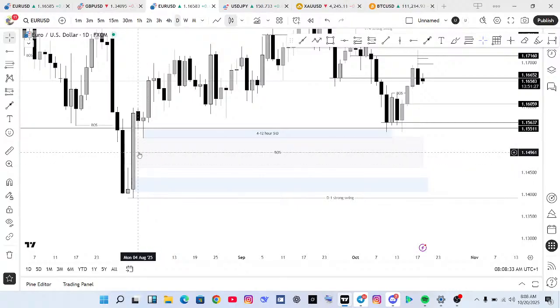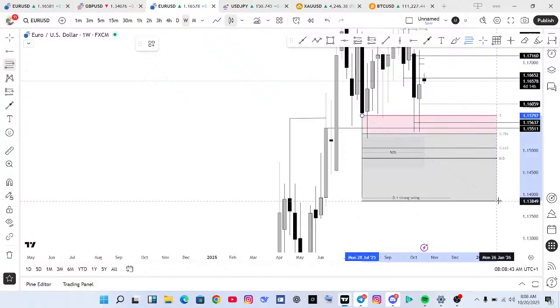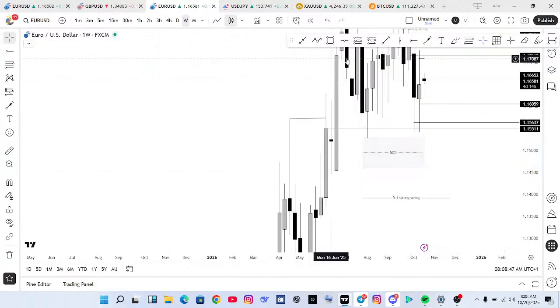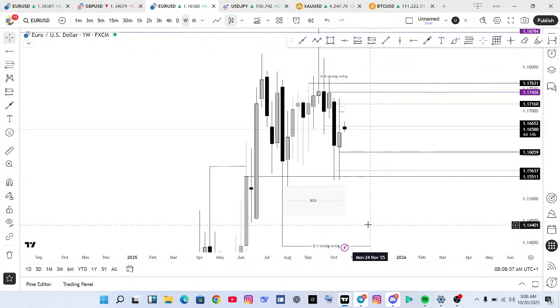The 50% of this imbalance also rhymes with the 50% of this weekly 50%. Look at it. So I'm expecting price to still come down to this place, take out all this external range liquidity, probably to the 50% of this week, and price can start buying. But just as you know, the market can do what it wants.